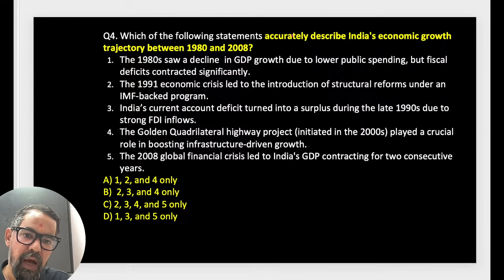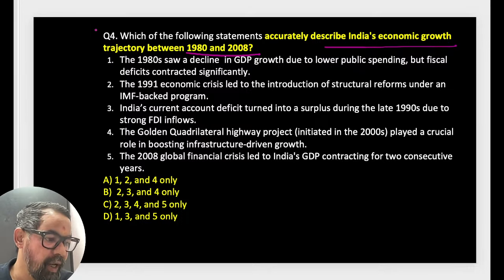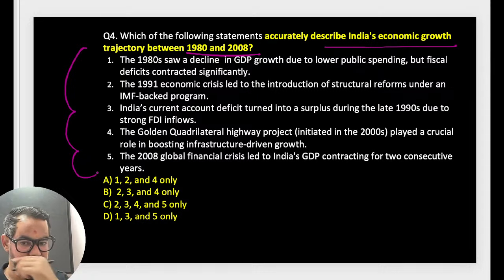Question number 4. Which of the following statements accurately describes India's economic growth trajectory between the 1980s and 2008? Anywhere you can watch, sir. So what will be your correct answer?